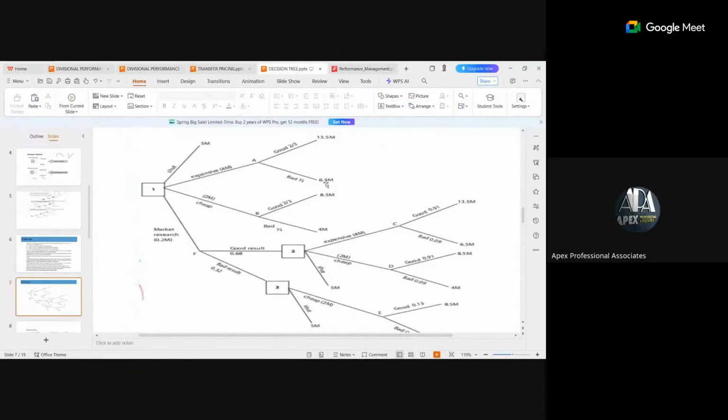The return when bad is 6.5. So the probability for choice A will be multiplied: 2/3 multiplied by 13.5, then 1/3 multiplied by 6.5. You add both results. It will give you the expected value for this choice A.